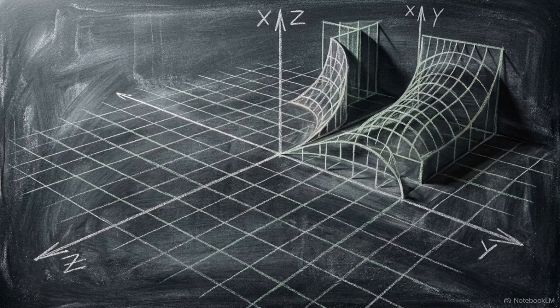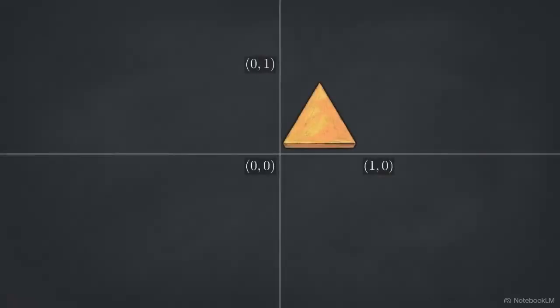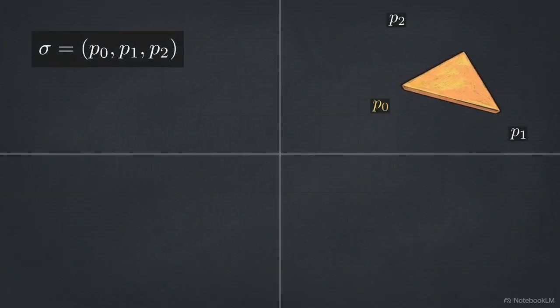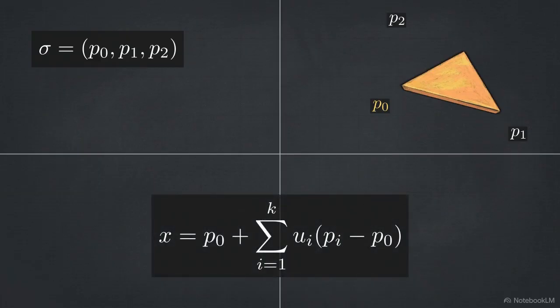However, the standard simplex has a specific constraint. It is anchored to the origin, while practical integration requires us to measure spaces located anywhere in a coordinate system. To move it, we use an affine simplex, mapping our standard shape to a new location. We define this shape entirely by its vertices. Sigma equals the ordered list P0, P1, and P2.